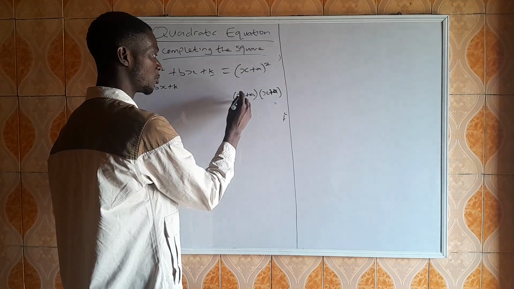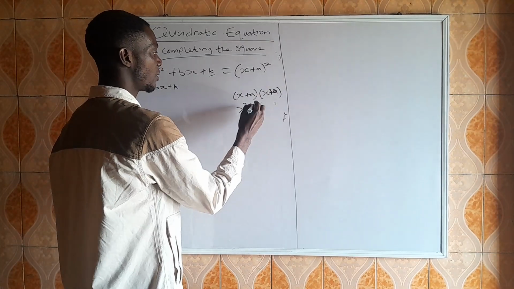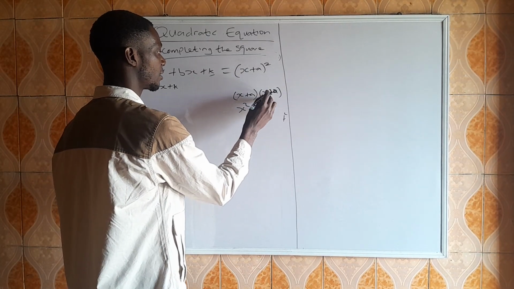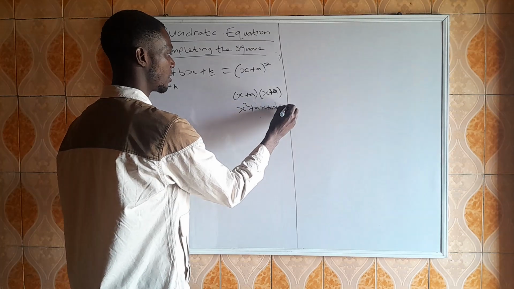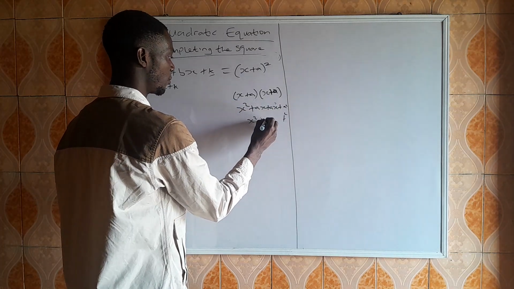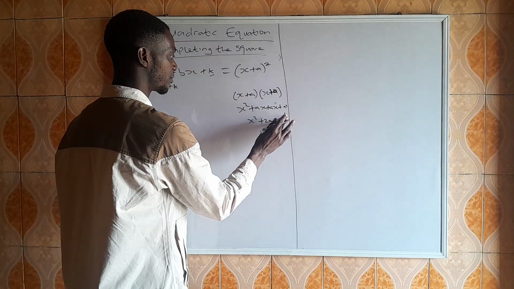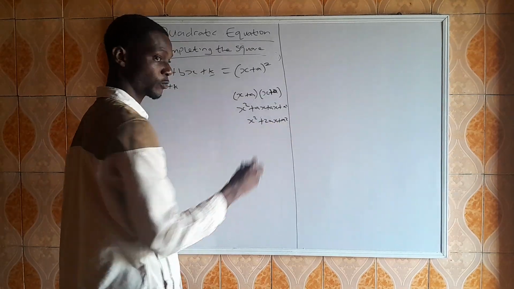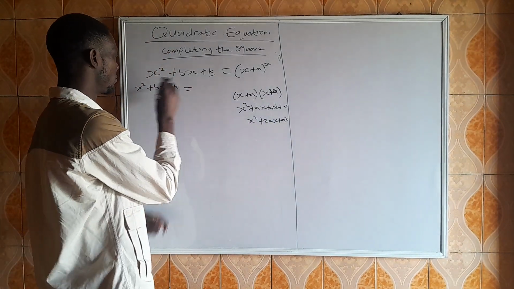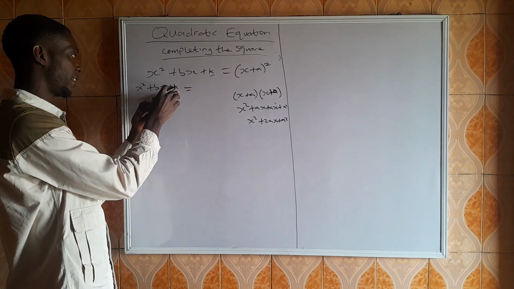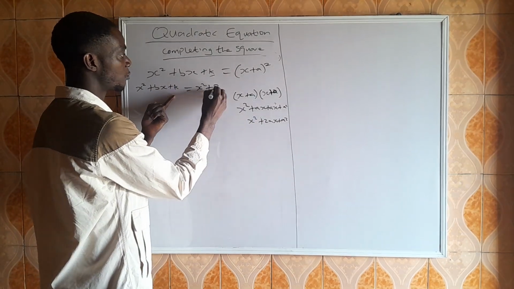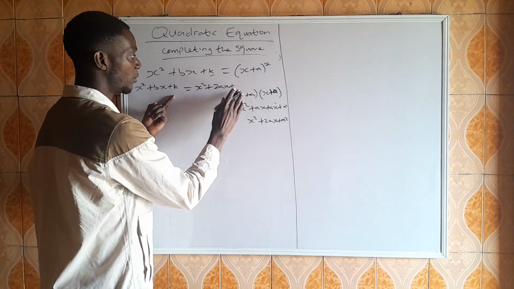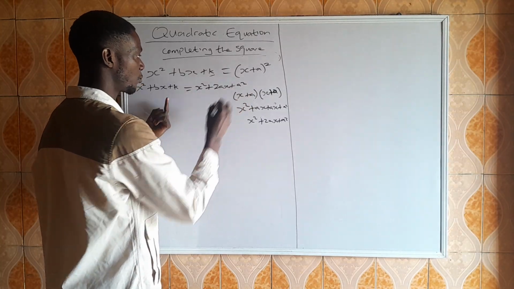So when you expand, you have s squared plus as plus as, then plus a squared. So it will be s squared plus 2as plus a squared. Now this expression becomes s squared plus bs plus k equals s squared plus 2as plus a squared.